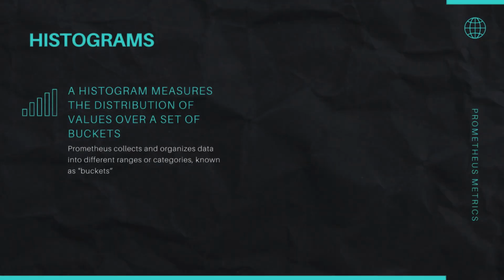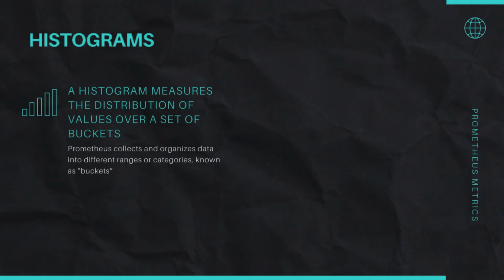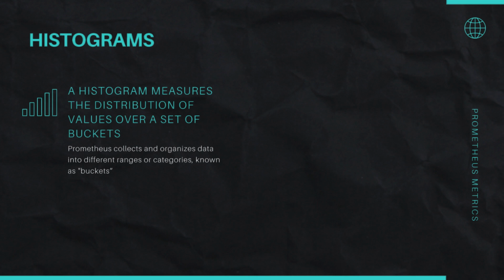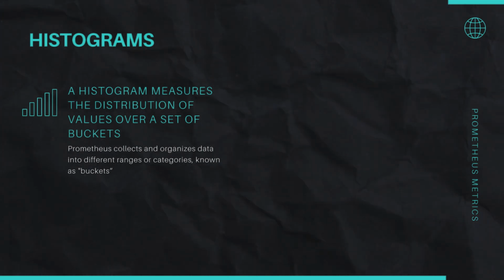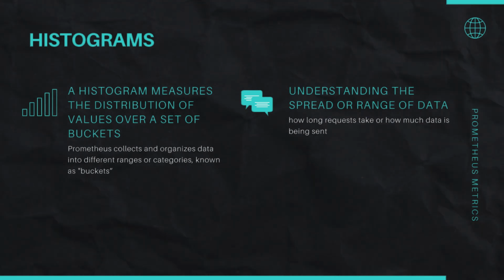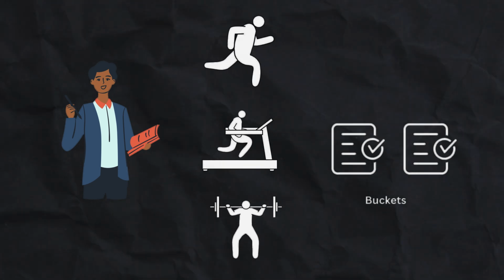Moving on to histograms. A histogram measures the distribution of values over a set of buckets. You can think of these buckets as predefined ranges or intervals that group similar values together. It helps to understand the spread or range of data. To illustrate this, imagine you're timing how long people take to complete a task.